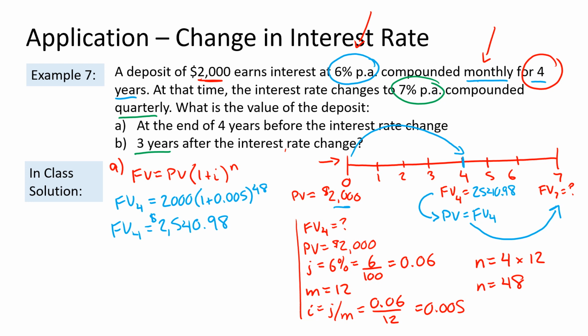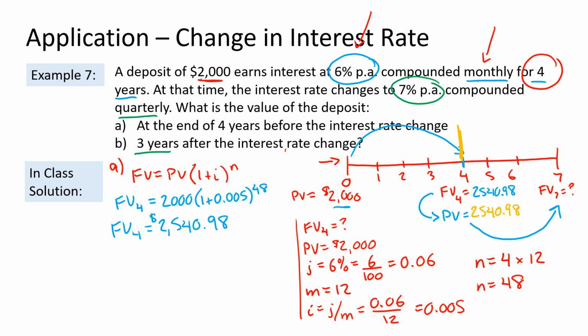For part B, we now have to move 4 years in the future. So we're sitting right here now. That value of $2,540.98 is no longer our future value. That's our present value today, if we're talking about being there at 4 years from now. So our present value for our second calculation is the $2,540.98.